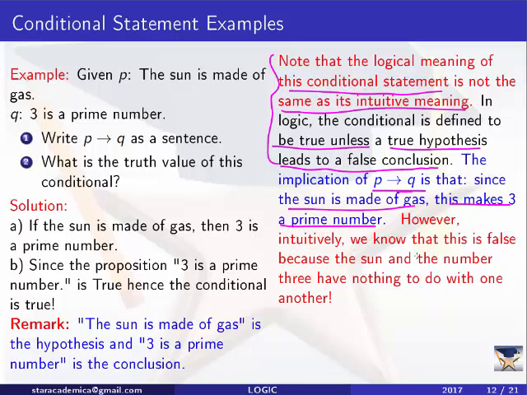However, intuitively we know that this is false because the sun and the number 3 have nothing to do with one another. So when we see P implies Q, the only discussion we need to make is if P is true and Q is false, then the result is false, otherwise it's true. That's all.